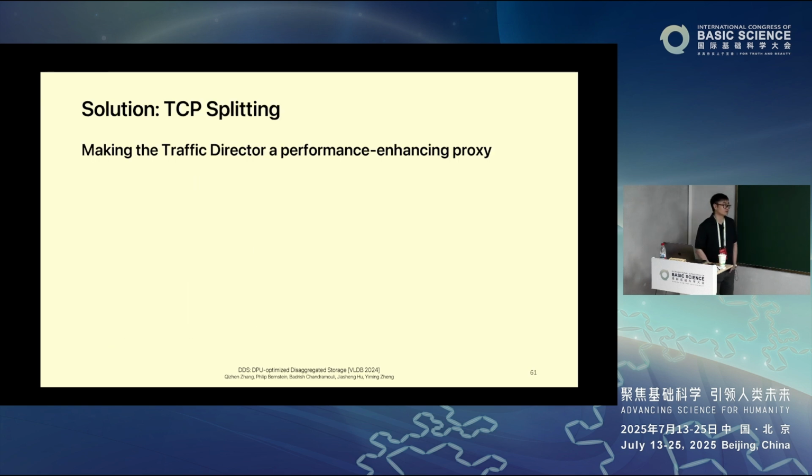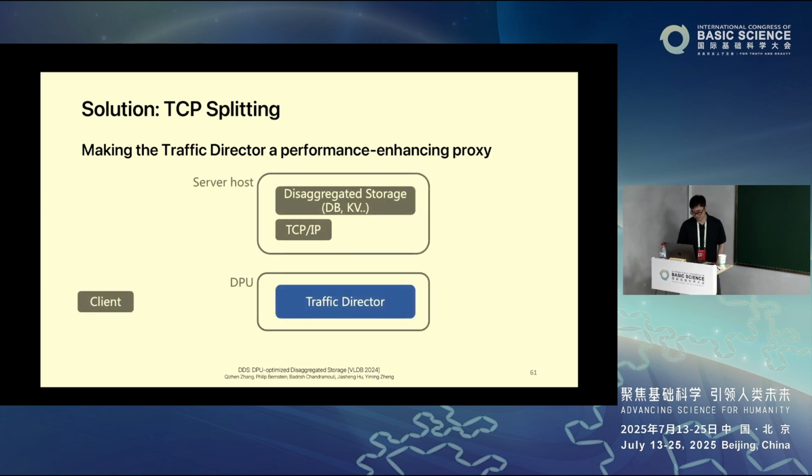So our solution is TCP splitting. We have a component on the DPU called a traffic director, which is essentially a TCP/IP stack. Instead of having one connection, we have two. One connection goes from the client to the DPU, where we accept all the requests. For every request, we decide whether to offload it to the DPU or forward it to the host.